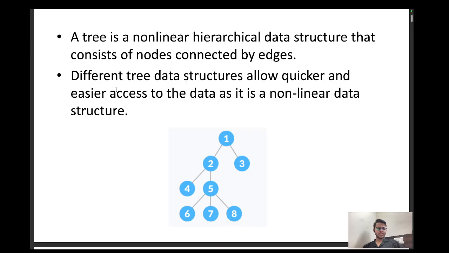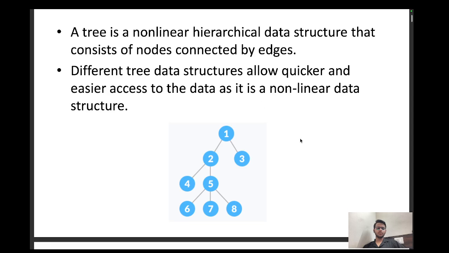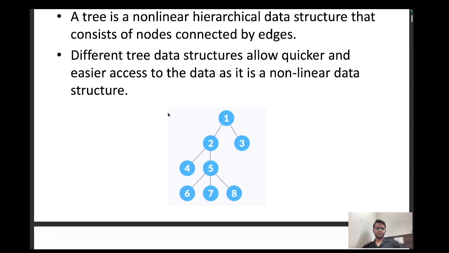Now let us see that different tree data structures allow quicker and easier access to the data, as it is a non-linear data structure. Here we have been given a figure. We can see some numbers, 1, 2, 3, 4, 5, 6, 7, 8.